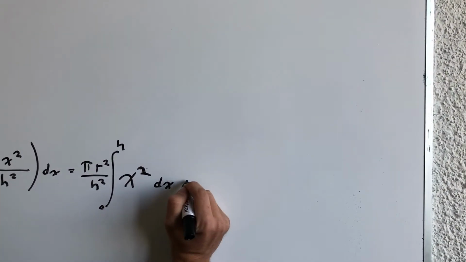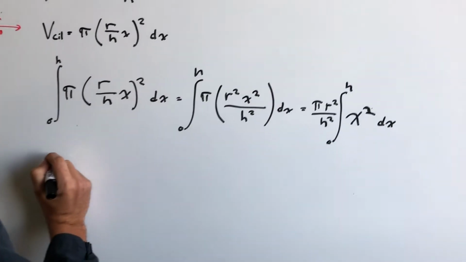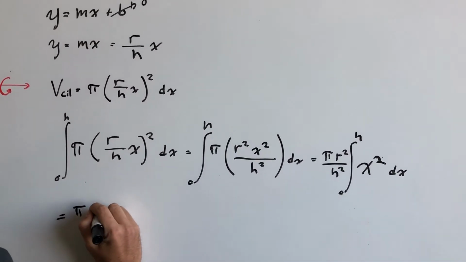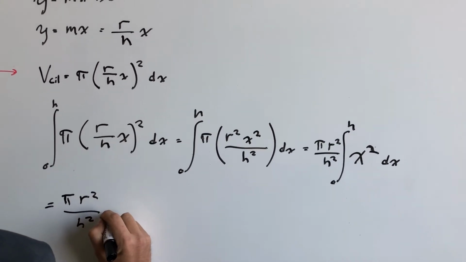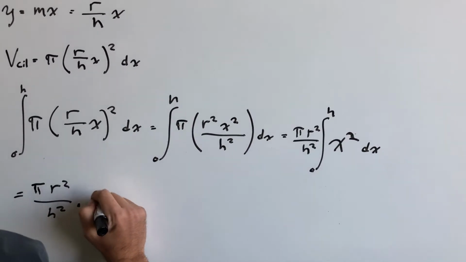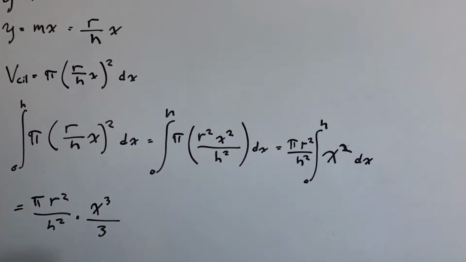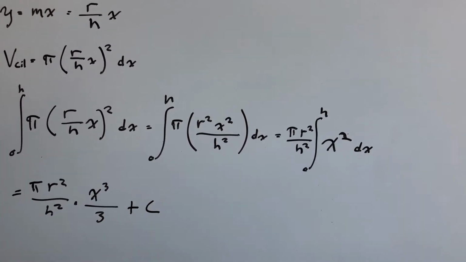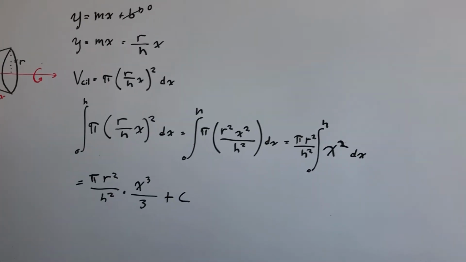That is a direct integral, so we get pi times r squared over h squared times x to the third power over 3, plus a constant. Now, the constant is the actual volume of the figure, so we have to get the constant.